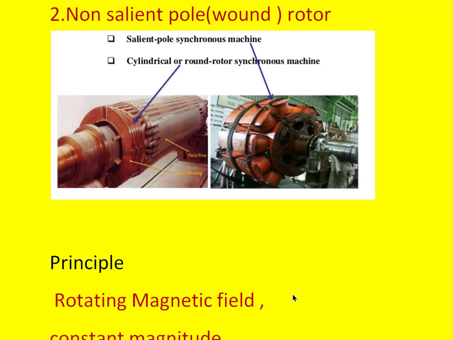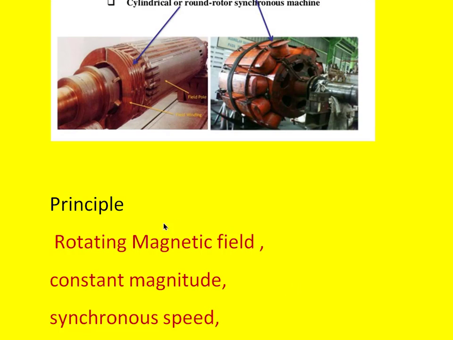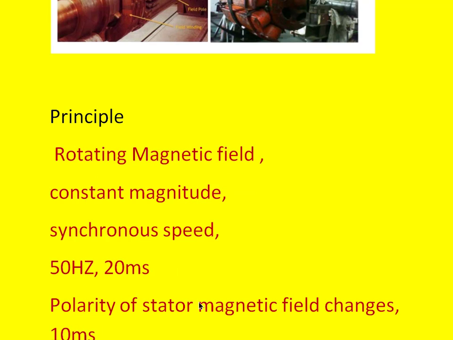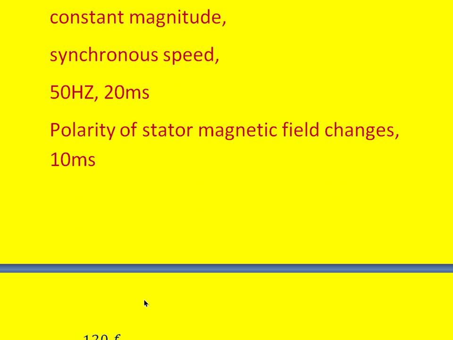Coming to the principle of the synchronous motor, the keywords that I am going to use here are rotating magnetic field, constant magnitude, synchronous speed, and the supply frequency is 50 Hz, and the time period of this supply voltage is 20 milliseconds. For half cycle it will be 10 milliseconds. And the polarity of the stator magnetic field changes every 10 milliseconds. These are the keywords.